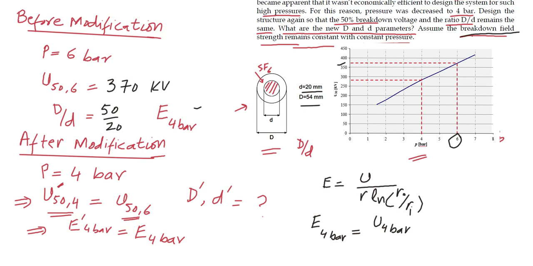Breakdown field strength is the maximum field strength at the surface of the conductor.